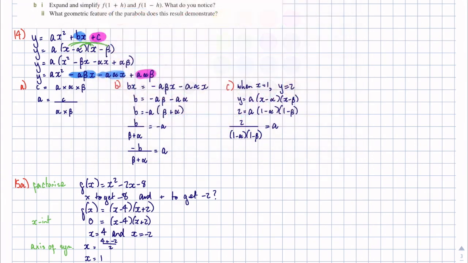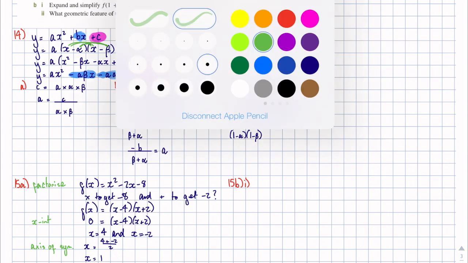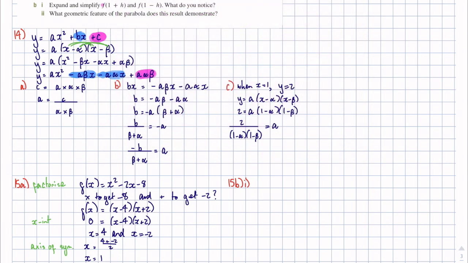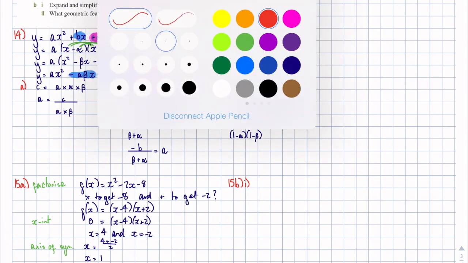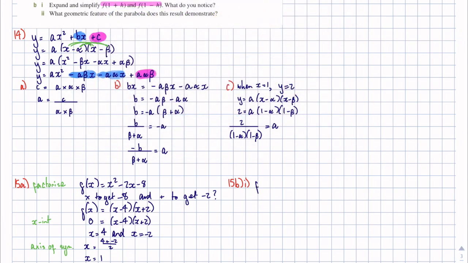For 15b, they say, and I understand if this notation really threw you, f of 1 plus h and f of 1 take h. So we did this in exercise 3a.